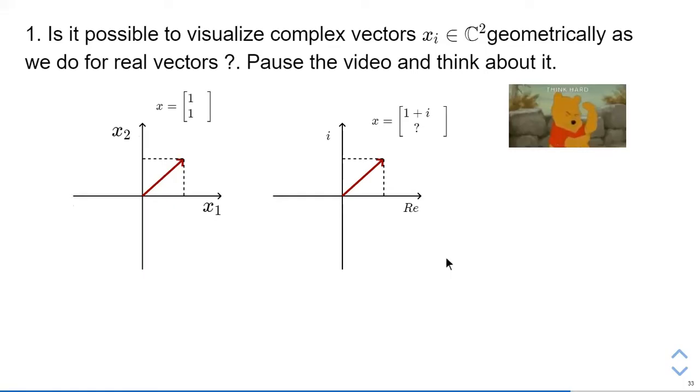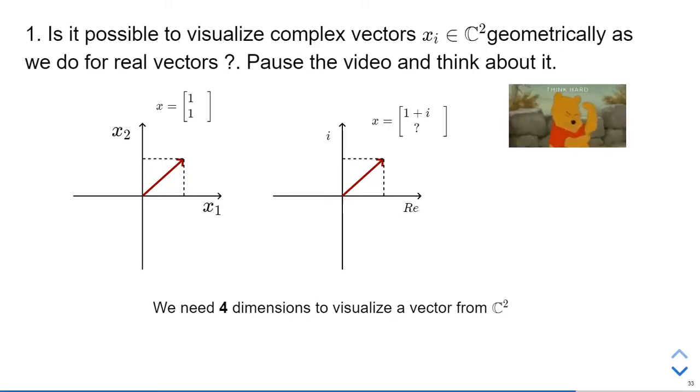For a single complex number, we need two axes, one real and one imaginary. So if we want to plot a complex vector from C2, we need four axes, which means we need 4 dimensions. We can't do that even in 3 dimensions. So for C2, we need 4 dimensions.